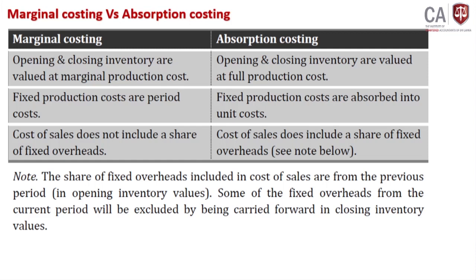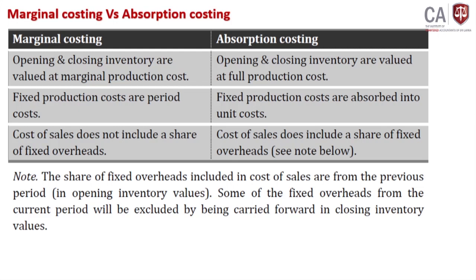In marginal costing, fixed production costs are period costs. You will not absorb them into a unit. But in absorption costing, fixed production costs are absorbed into unit cost. In marginal costing, cost of sales does not include a share of fixed overhead.